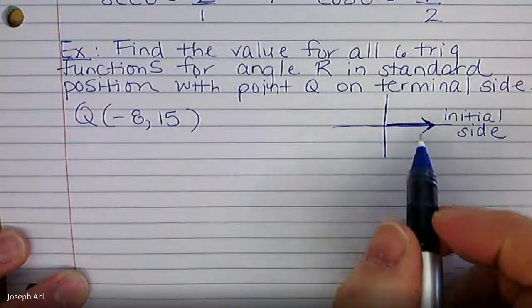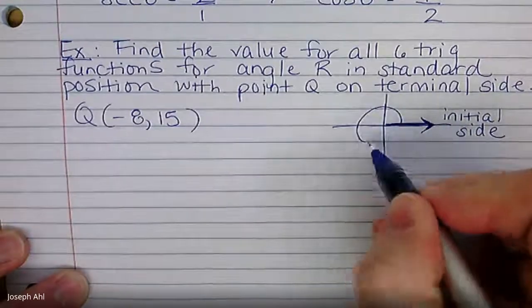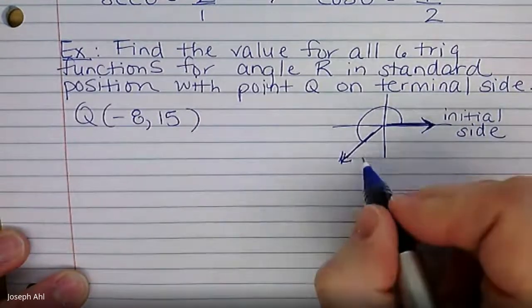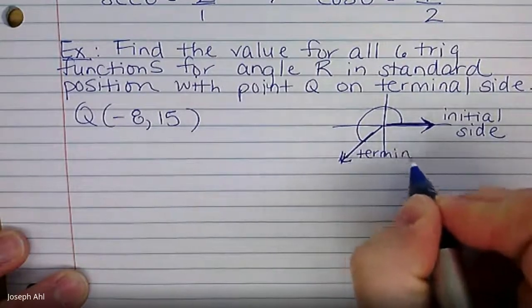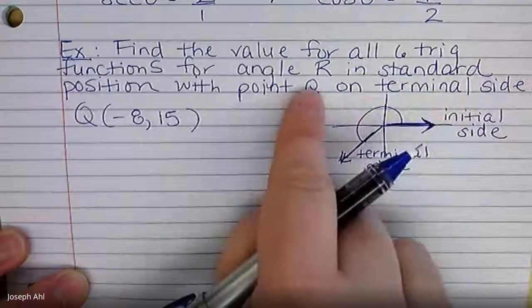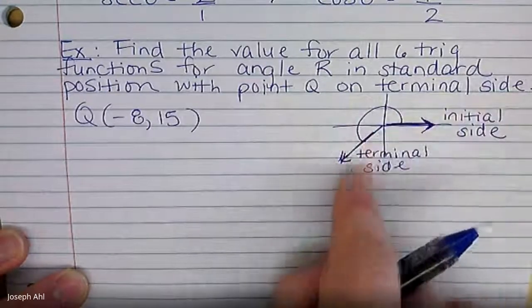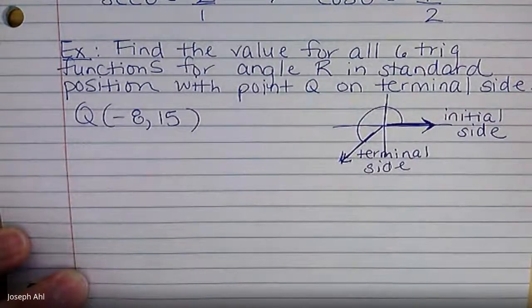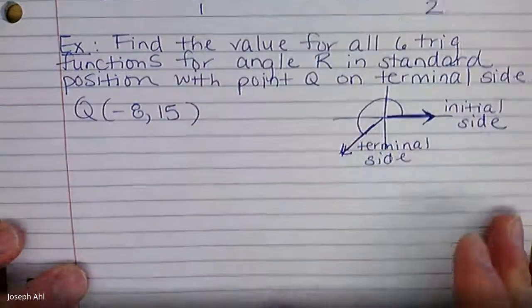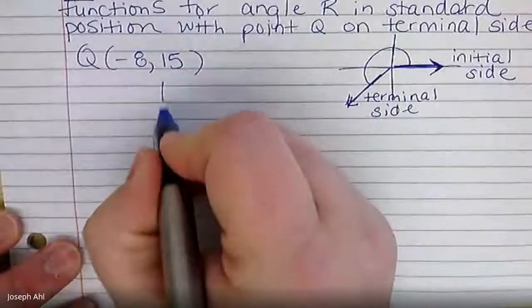If I were to sketch an angle in quadrant 3, the side where that angle ends is the terminal side of the angle. So when I mention the terminal side up here, we're saying that some point is on the terminal side, the side where the angle ends. So if I think about where (-8, 15) is located, it's definitely a point in quadrant 2.